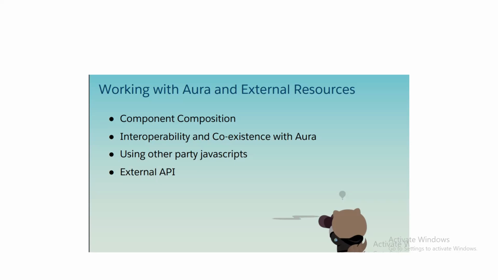So we will discuss about that as well, how to use them and how to use the external API. So we will understand about XHR request as well as fetch API, which are very basic and common while working with Lightning Web Components.